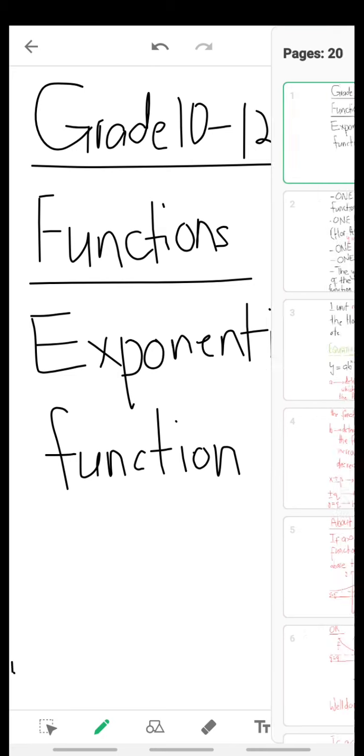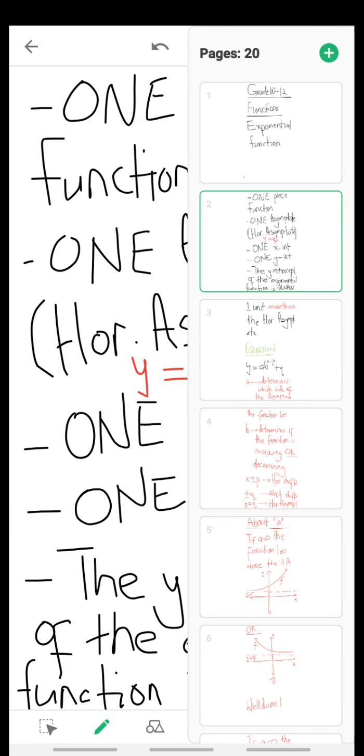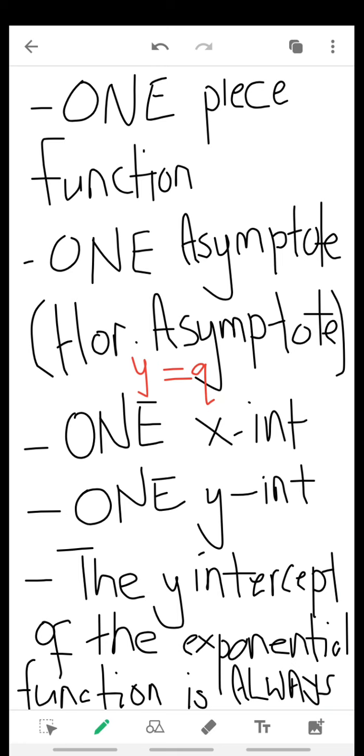Now, we are looking at an exponential function. So, how do you see an exponential function? An exponential function is a one-piece function, okay? Unlike the hyperbola, a hyperbola is a two-piece function, but the exponential function will have only one piece, and also it will have one asymptote, and that asymptote is what we call the horizontal asymptote, which will be given by the equation y equals q, where q is the value of the horizontal asymptote.